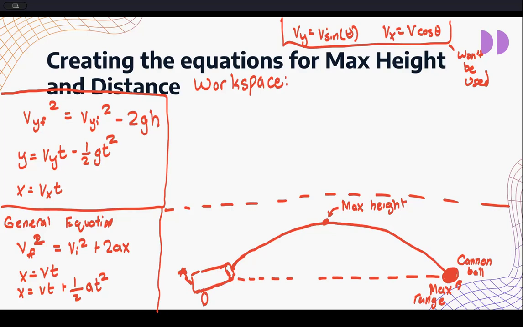Can you explain the last equation for me? The one at the bottom of the general equations. Okay. That's just the displacement formula, so it's one of the kinematic equations.